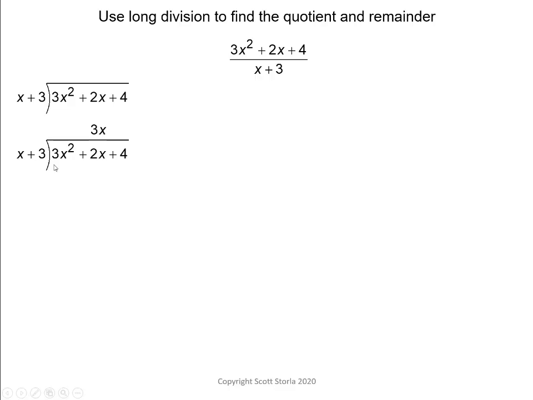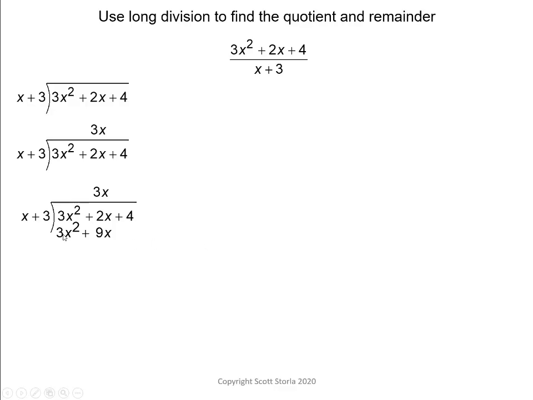Now I multiply, and I'll put the product right here, plus I multiply, and I'll put the product right here. So what I'm doing is distributing. I'm distributing this factor to both of these terms. So I'll get 3x squared and I'll get 9x.